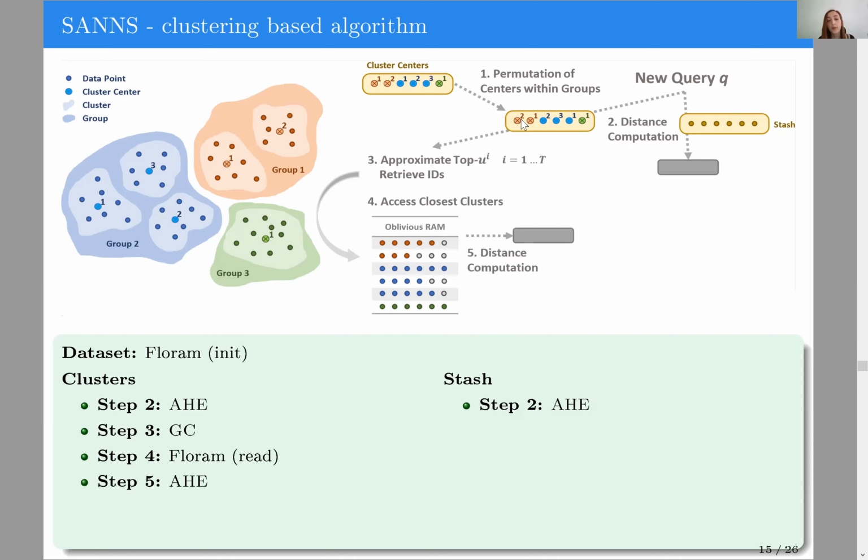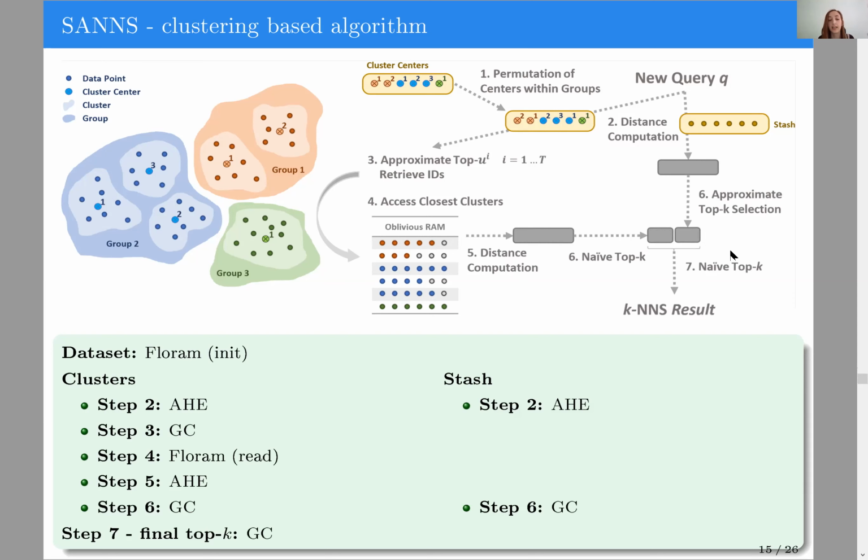We start by computing the distance again between the query and all the points in this large extracted cluster. Once we have the distance computation for the clusters and for the stash, we do a top K selection on one side on the cluster points and on the other side on the stash points. These two selections give us back K elements on one side and K elements on the other, and we end by doing a naive top K selection between those.